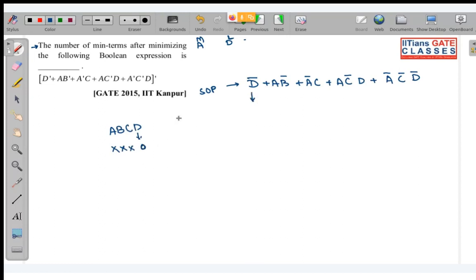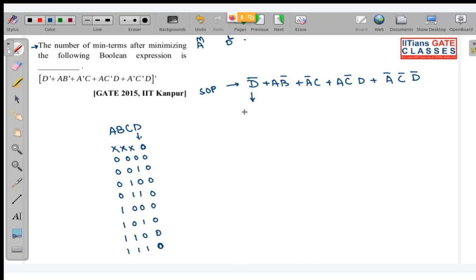So this will go from 0000, next 0010, next 0100, next 0110, then 1000, 1010, 1100, and the last one 1110.